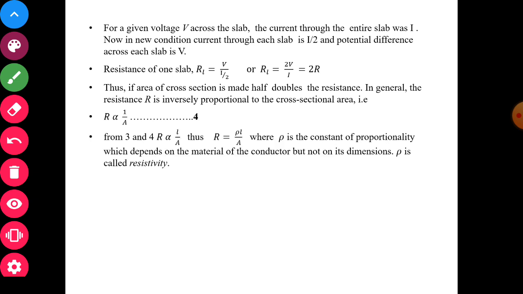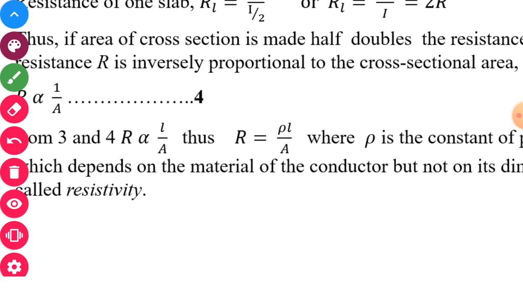From the third equation we had R proportional to L. Here in the fourth equation we got R proportional to 1 upon A. So if you combine them, then resistance is directly proportional to length and inversely proportional to area.